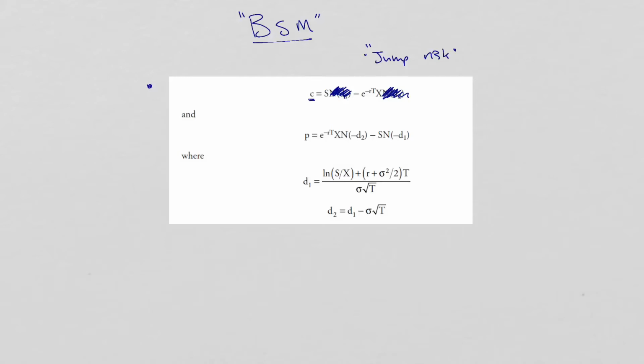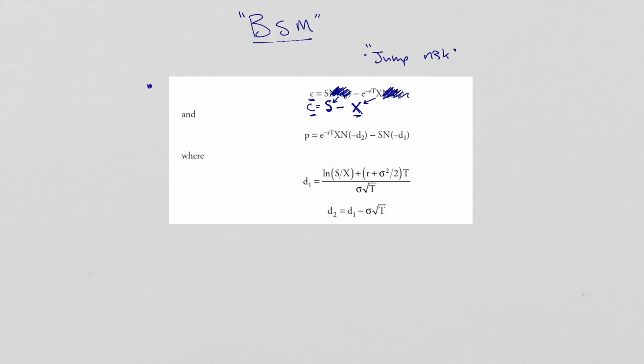The price of the call is based on how much the underlying ends up moving above the strike, because a call is profitable if we can buy at the strike and then sell at this higher underlying. If the stock moves above the strike, then we profit the difference between the two. That's the profit on this call.